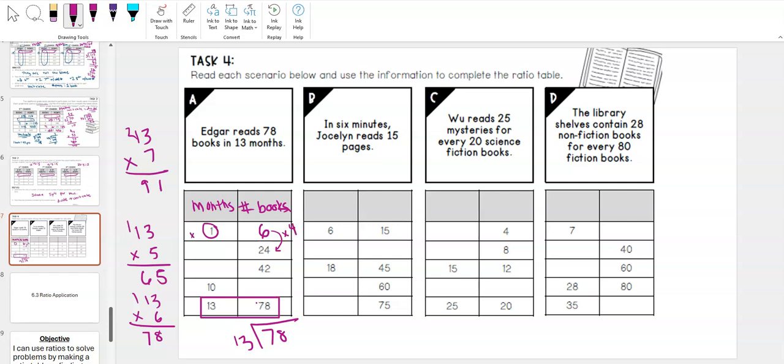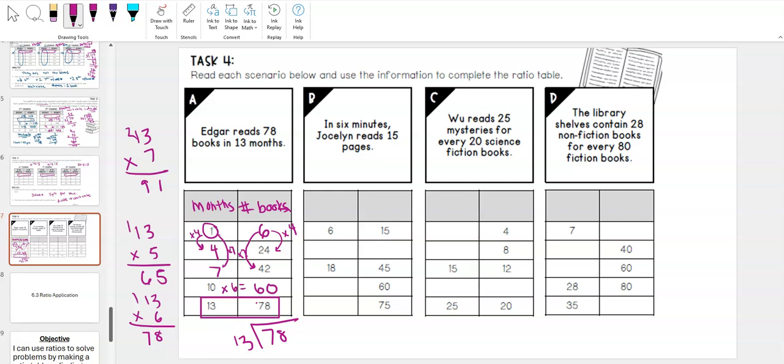So I'm going to do the same thing here to get the answer. To get from 6 to 42, I have to times by 7. So I'm going to do the same thing here. 110 times 6 is going to get me my answer here.